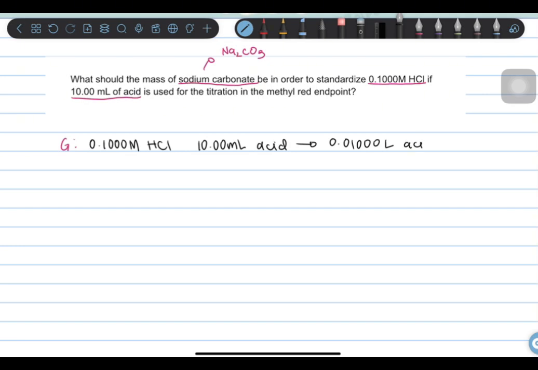liters of acid. The problem asks what is the mass of the sodium carbonate, mass of Na2CO3. So that's usually in grams. There's grams of sodium carbonate, which will be equal to, so 0.1 molar HCl is just equal to 0.1 mole over liter of HCl.